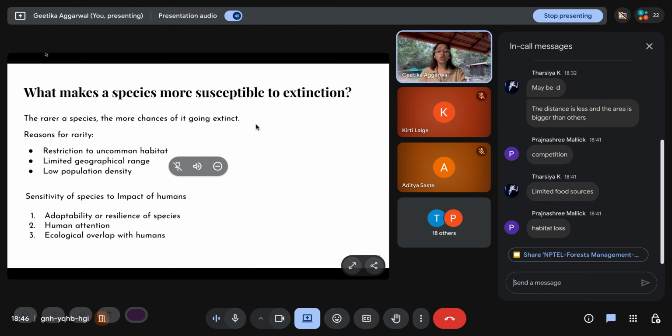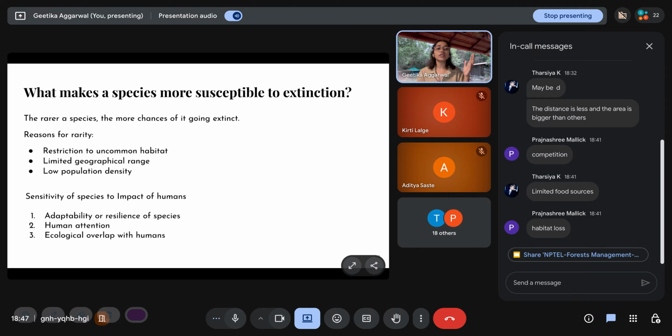They also have a lot more ecological overlap with humans. For example, I told you there are these big species. Say there are elephants which want to wander around, but between two forest patches there are a lot of fields and human-occupied areas, so they end up disturbing the humans living in those village areas.